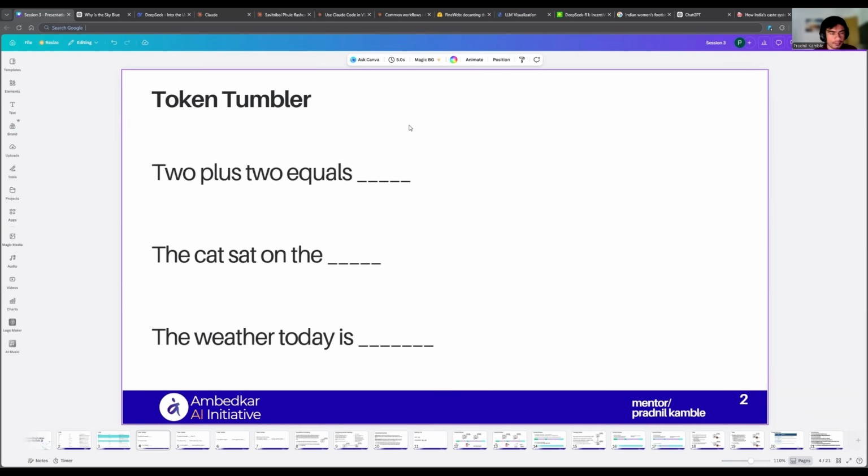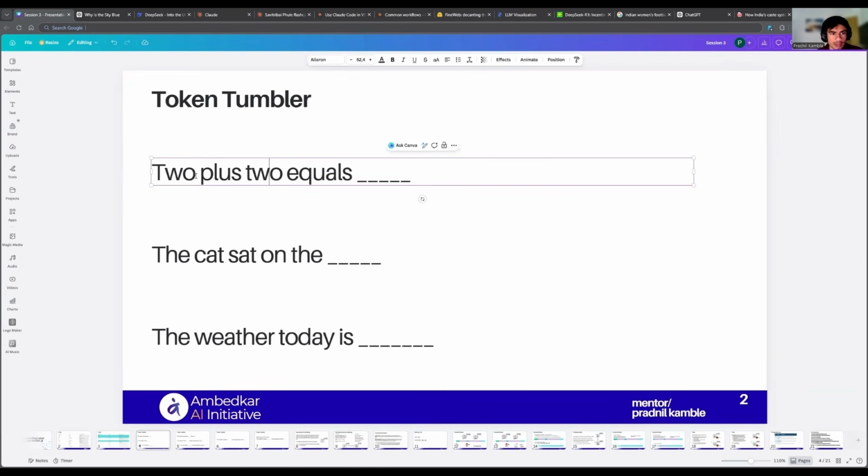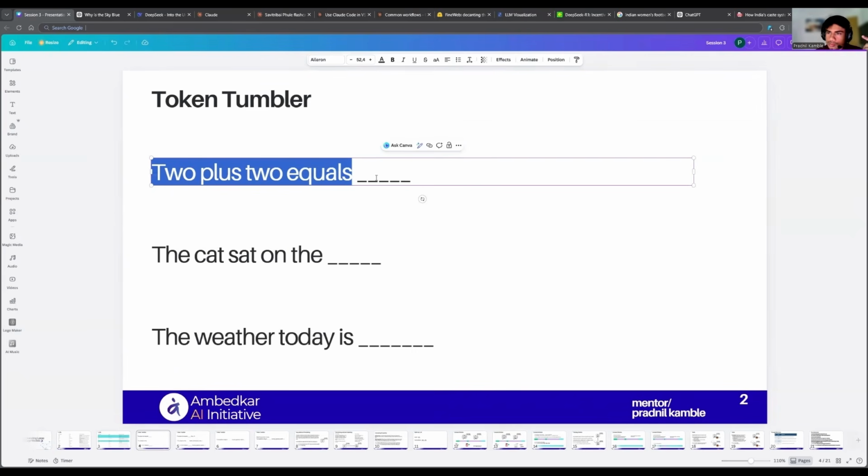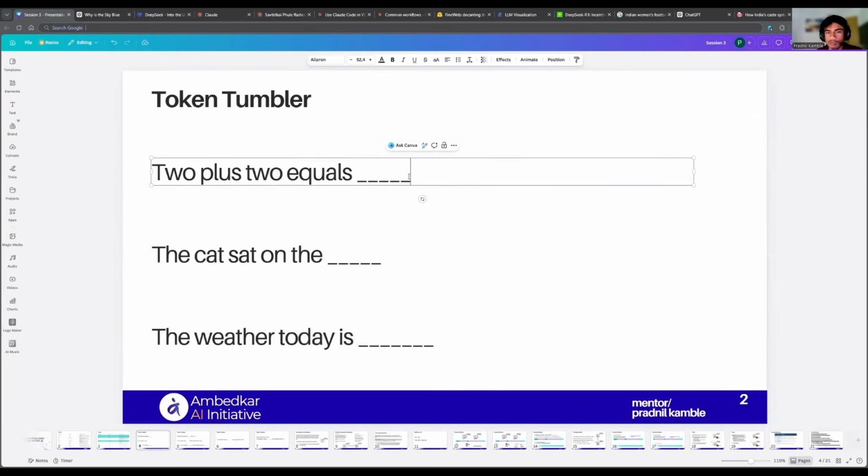Let's say we have this particular sentence, which is 2 plus 2 equals. As soon as I said this sentence in a particular sequence, where I started with 2 plus 2 equals, all of you have probably already got an idea what comes next.